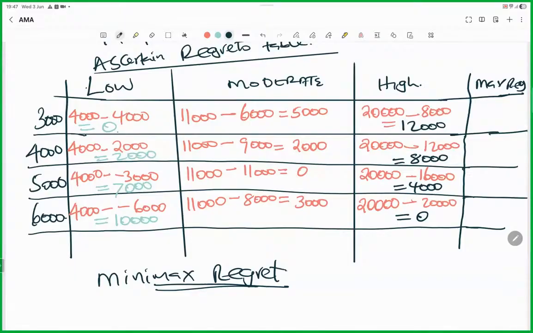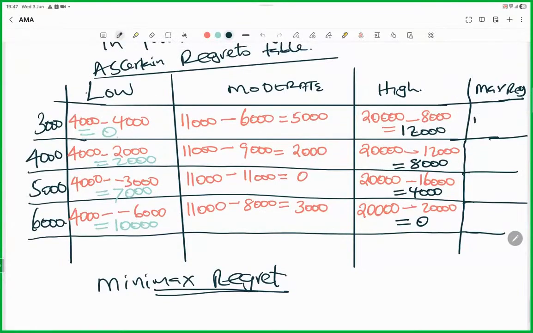I can see 0, 5,000, 12,000, so you pick 12,000. You go to each row, check the regrets, and pick the maximum one. Row number 2, 8,000. Row number 3, 7,000. Row number 4, 10,000.